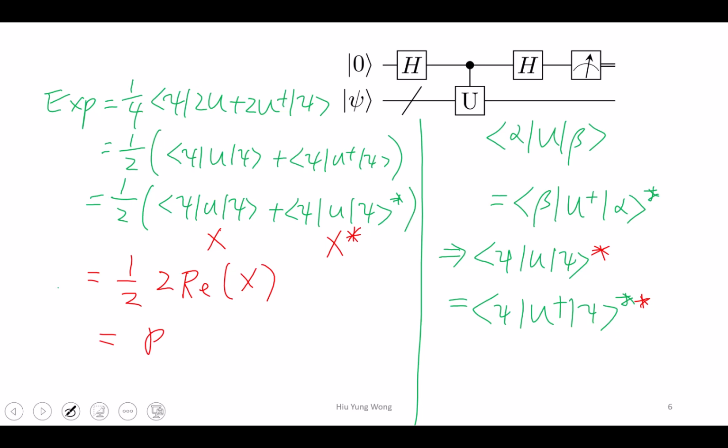So this one gives me the real part of psi u psi. And that's why this circuit, when you do a lot of measurements, gives you the expectation value of u when you input the psi to it. But it gives you the real part. And there is another circuit that gives you the imaginary part. Okay? So then you will get the expectation value of psi on u.